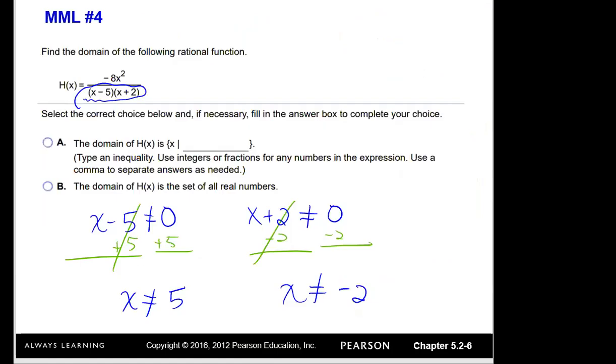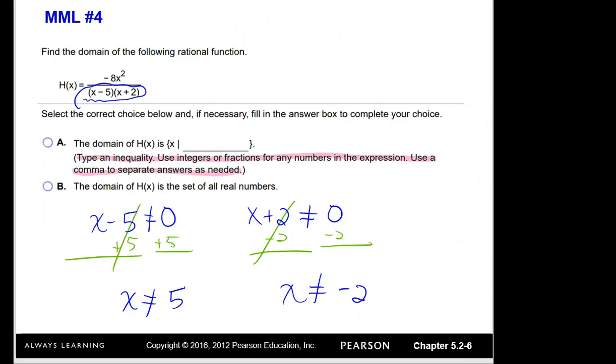Okay, so I was on number 4. For my math lab, it is saying type an inequality, use integers or fractions for any numbers. Use a comma to separate answers as needed.